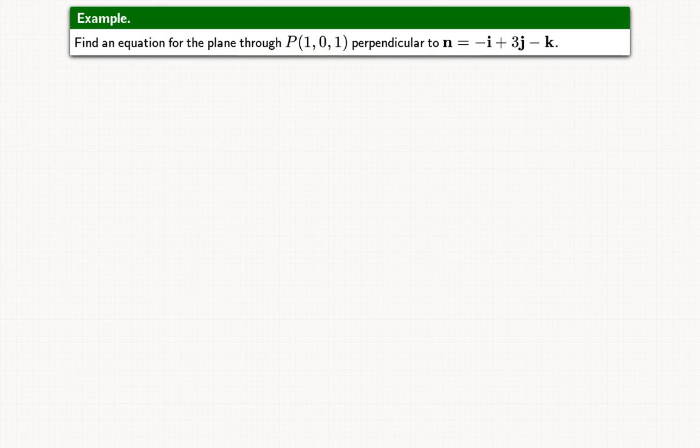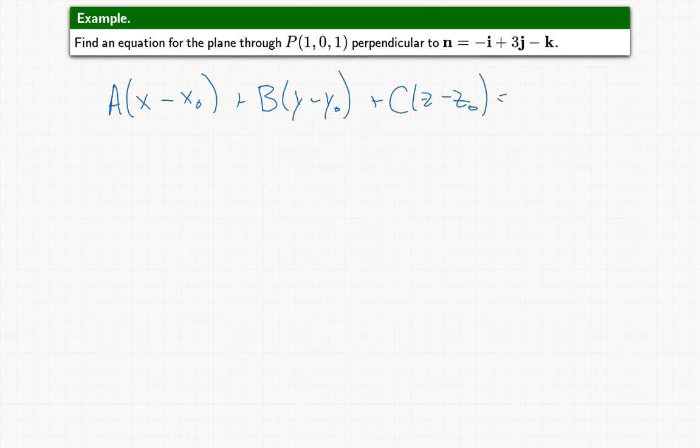So here's an example. Find an equation for the plane through the point (1, 0, 1), perpendicular to the vector negative i plus 3j minus k. We're going to write down the equation in the form a(x minus x0) plus b(y minus y0) plus c(z minus z0) equals 0.